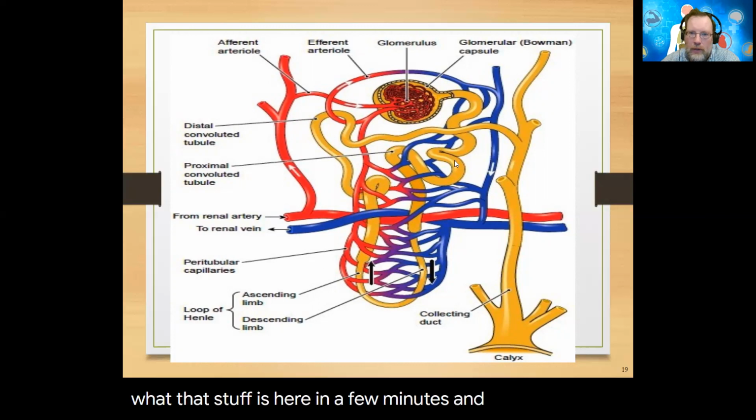And we're going to have that filtrate or urine traveling through this proximal convoluted tubule, this descending loop, ascending loop into this distal convoluted tubule. And you can see we've got the juxtaglomerular area over here. So we'll take a closer look at that coming up as well.